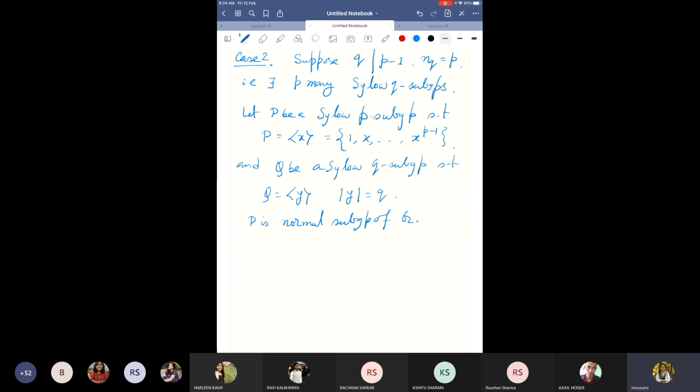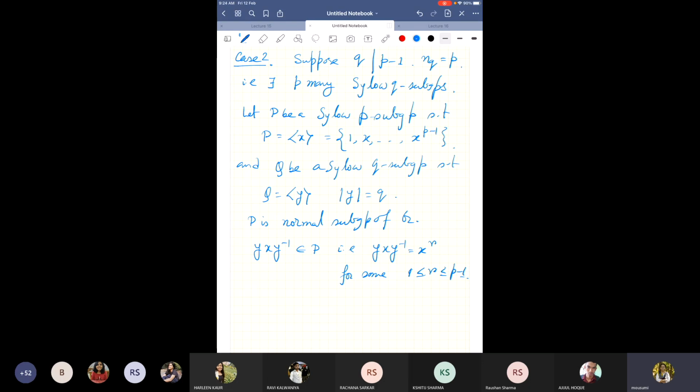So if I consider yxy inverse, then it should belong to P. So from here, I can say that yxy inverse will be equal to x to the power r for some r between 1 and p minus 1. Correct? It's the same thing that we have done for the other case.